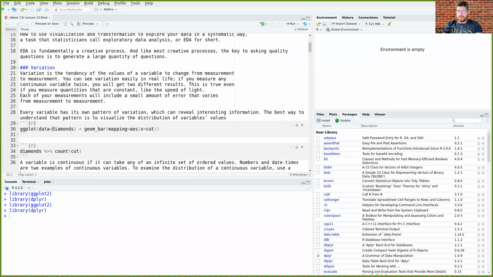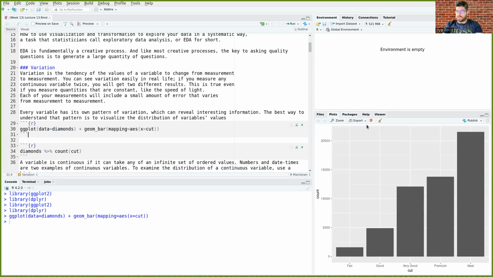Here we have the diamonds data set. It's a pretty large collection of measurements of diamonds. Let me move the chat somewhere else and put away participants. So you can see on the right-hand side how many diamonds there are and their counts, how many diamonds of different cuts. Fair is the worst cut and ideal is the best.